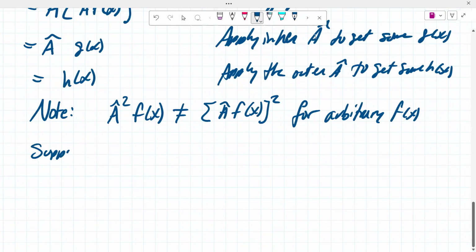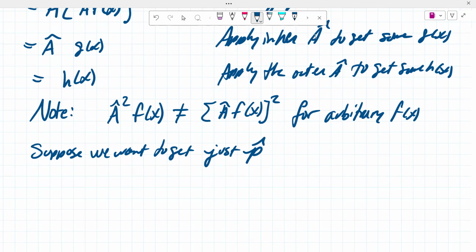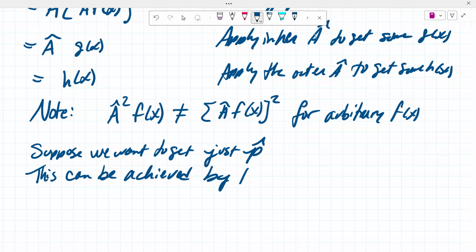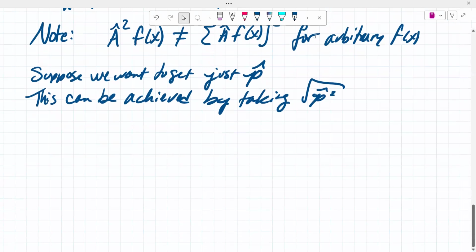All right, so suppose, getting back to that momentum operator, we want to get just the p hat. You can achieve this by taking the square root of the p hat squared. That will work.